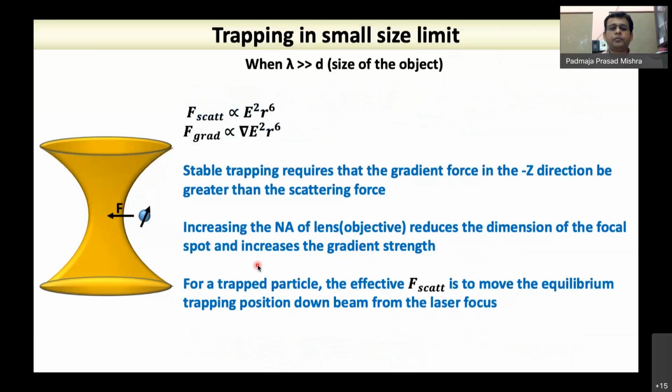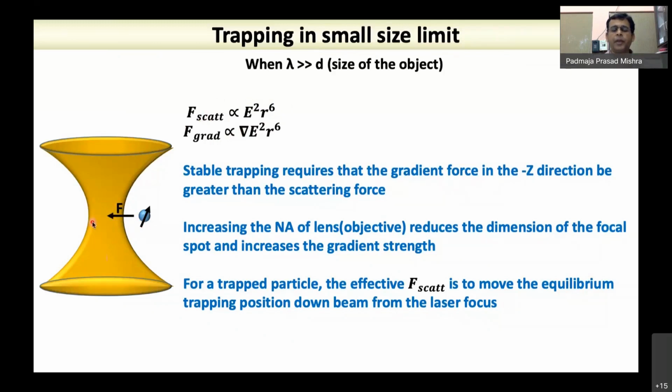So the scattering force is proportional to E squared times the energy squared times R to the power 6, and the gradient force is the gradient times the scattering force. Again, to summarize, the gradient force is helping the object go to the center, and the scattering force is pushing the object down.